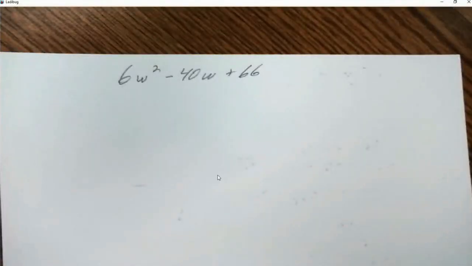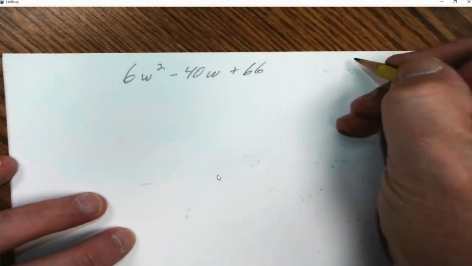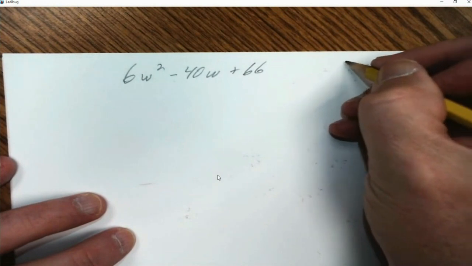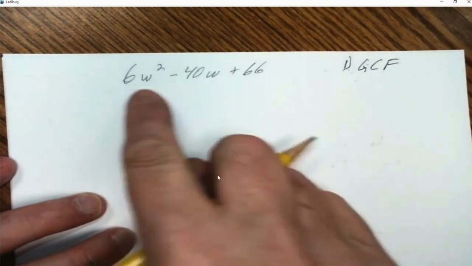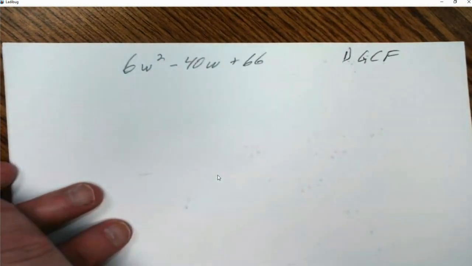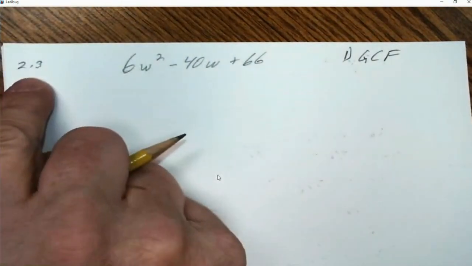All right. So again, the first thing we want to look at is greatest common factor. Can I pull something out to make that simpler? Because that's some pretty funky numbers. Let's see. 6 is 2 times 3. I don't care about the 1 times 6 because factoring a 1 out, then, or a 6.